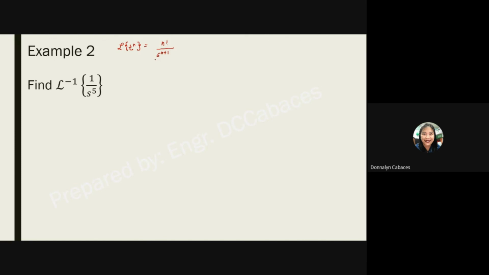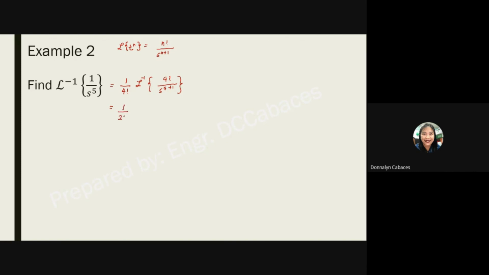function. So this would be equal to 1 over 4 factorial, the inverse Laplace of 4 factorial over s to the 4 plus 1. And therefore, this is equivalent to what is 4 factorial? 4 times 3 times 2 is 24.